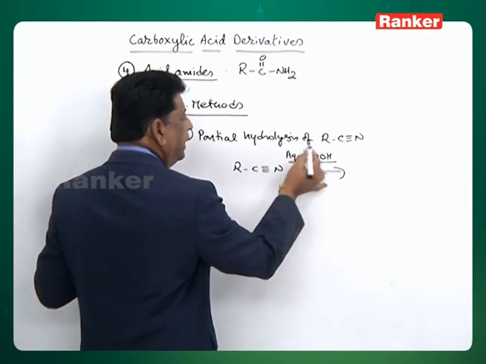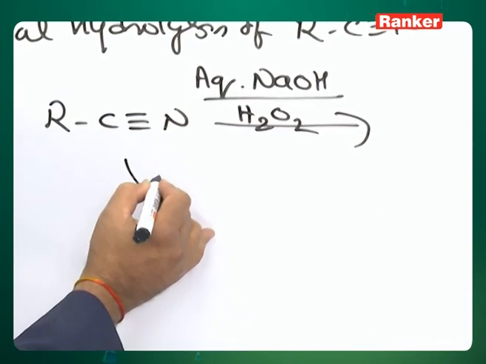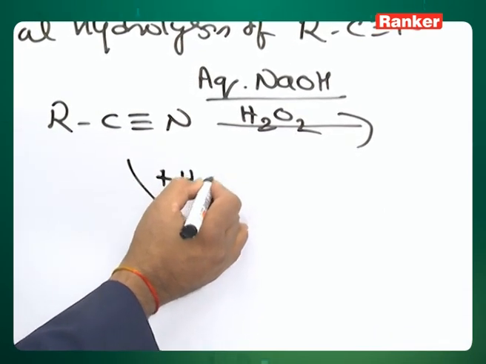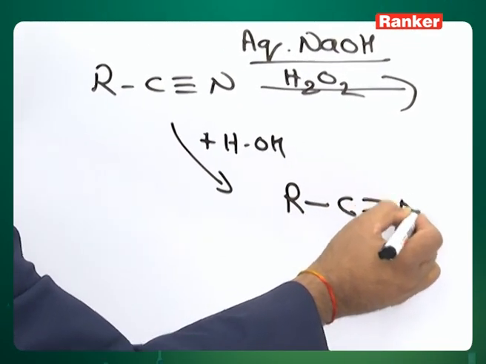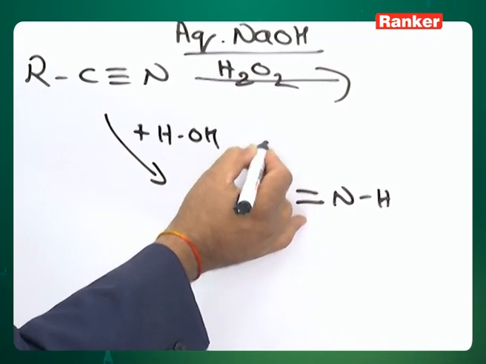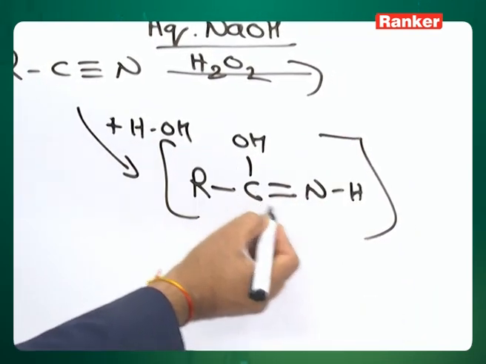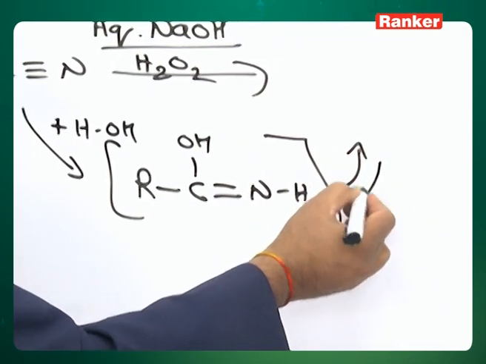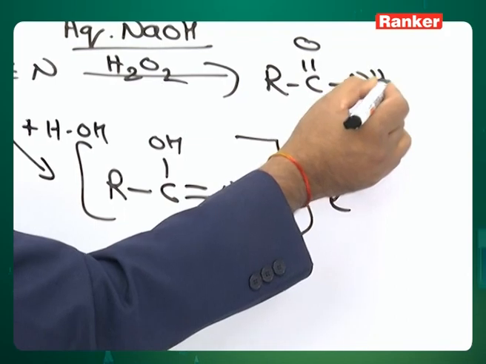So, this alkaline hydrogen peroxide will partly hydrate; addition of water takes place, and H will be added to the N and OH will be added here. This compound happens to be an enol, so it tautomerizes to give the amide, and there the reaction stops.